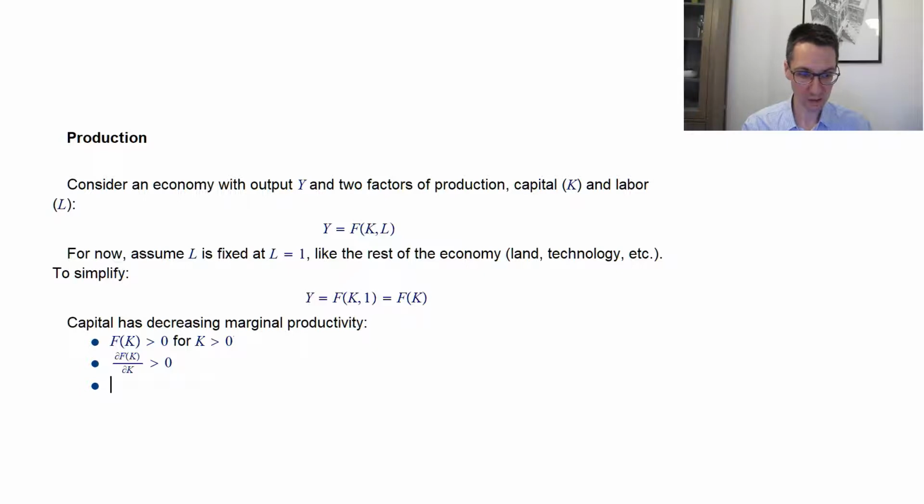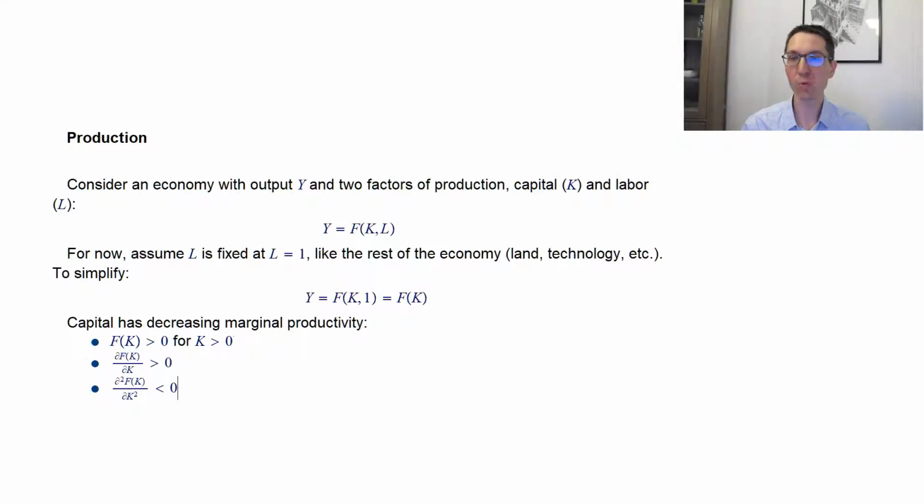The second derivative, d square f of k over d k square, is smaller than 0, or the second derivative of f of k with respect to k is smaller than 0. So these are our basic properties for f.